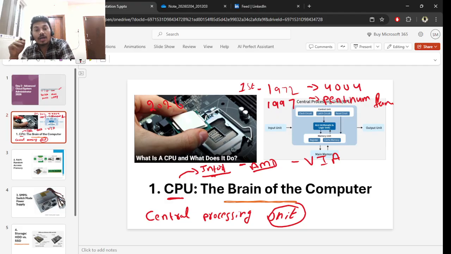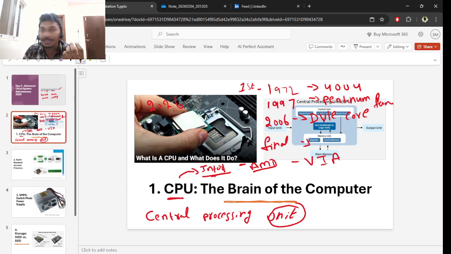After that, in 2006 it evolved to dual core. And finally, the series i3, i5, i7 and i9 started in 2008, which continue to dominate across various generations today, both AMD and Intel.